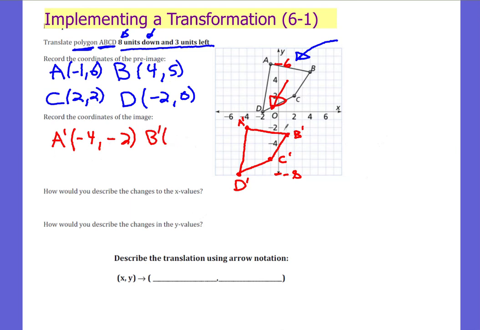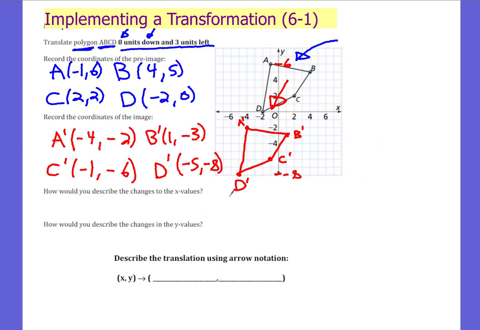That became 1, -3. And we'll do that with each point. C prime, okay, so we got -1, -6. And D prime, if we count over, I'm 5 to the left, 8 down, so -5, -8.